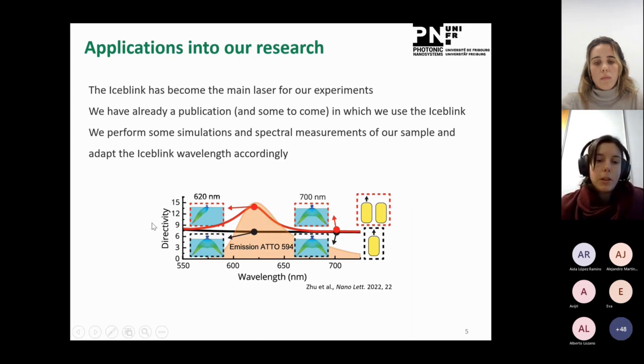In our case, we wanted to optimize this parameter, the directivity. So we ran some simulations to see the effect of this parameter over the wavelength, and we find that we expect this directivity to be maximum at this wavelength.